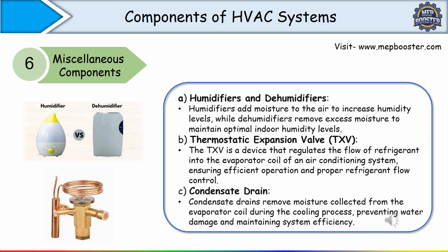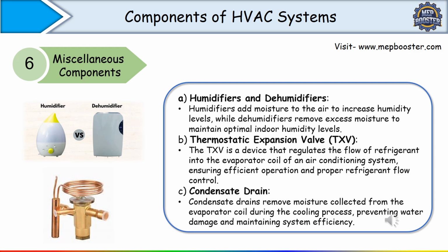So it is important to ensure that the condensate drain line is installed with the proper slope to facilitate drainage and prevent the buildup of stagnant water. So in short, you can say that the condensate drain plays a vital role in an HVAC system by removing moisture generated during the cooling process, thus preventing water damage and maintaining indoor air quality.